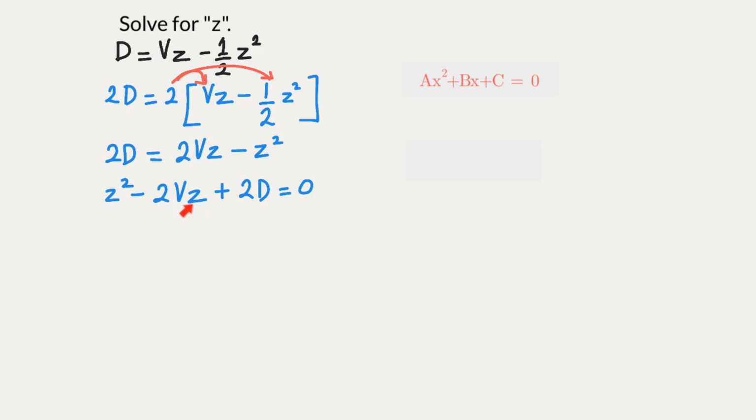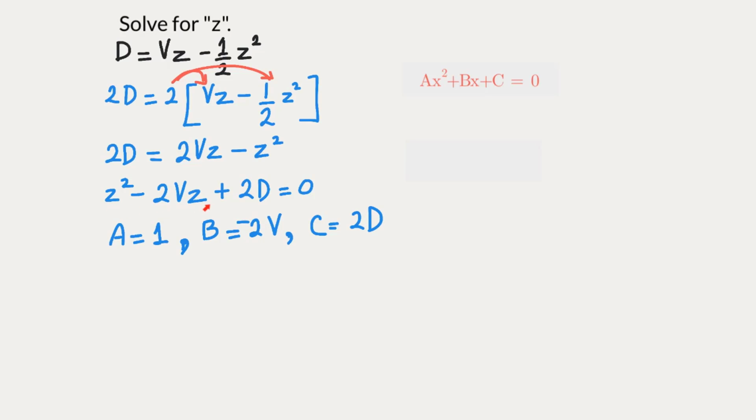Here with z the coefficient is negative 2v, so the value of b would be negative 2v, and the constant is 2d, so the value of c will be 2d. Let us write this down. A equals 1, b equals negative 2v and c equals 2d.